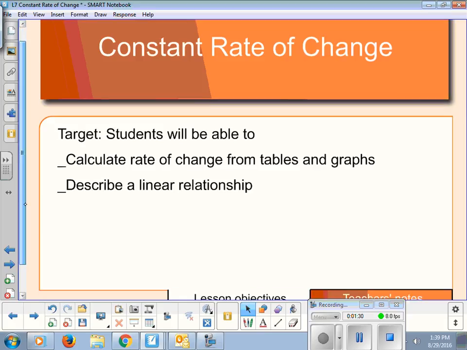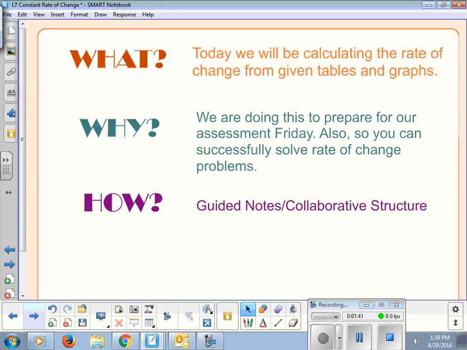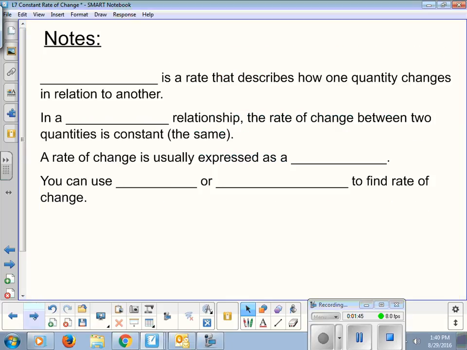Today's lesson is on constant rate of change. Our target is students will be able to calculate rate of change from tables and graphs and describe a linear relationship. Okay, for our notes for today, the rate of change is a rate that describes how one quantity changes in relation to another.